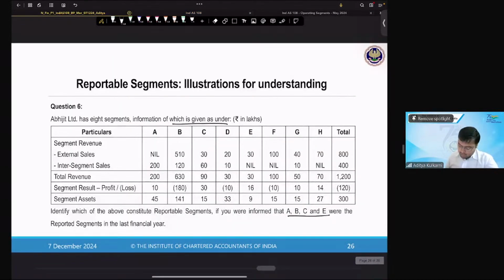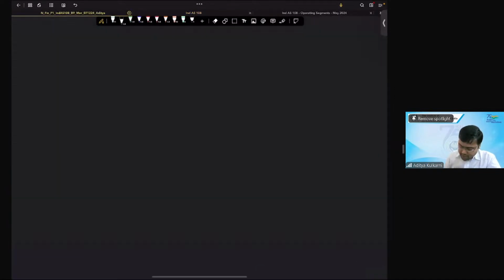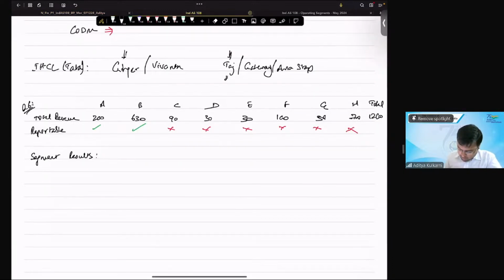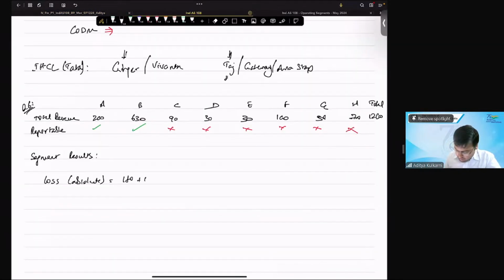Next, we come on the basis of segment results. So what are my profit making segments? A, C, E, G. Loss H. Loss is higher than the profit. Loss in absolute terms is 180 plus 10 plus 10, so that gives you 200.